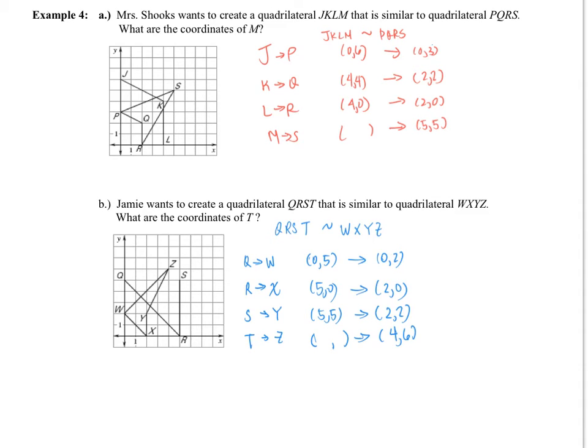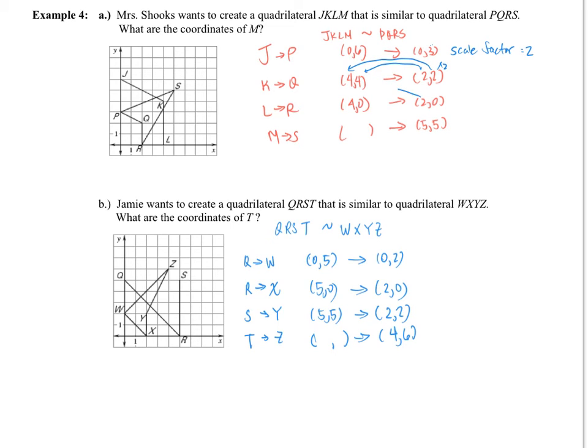So by analyzing from point J to point P, I can tell from the y coordinate that, well, this is an enlargement. So the scale factor must be a double, so 3 times 2 makes 6. And by judging from point K to Q, same thing, 2 to 4. You multiply by 2.